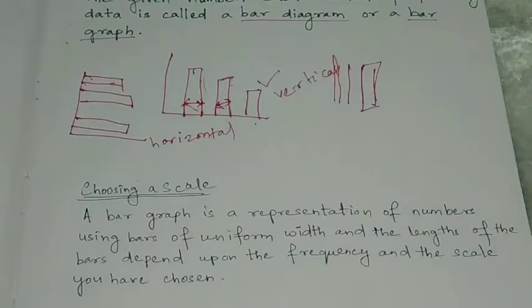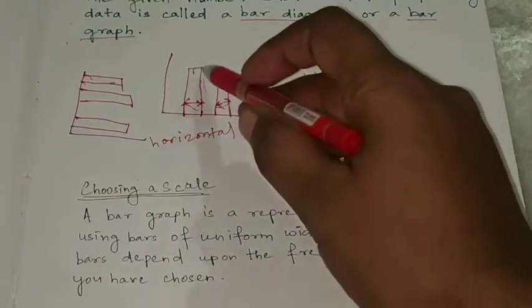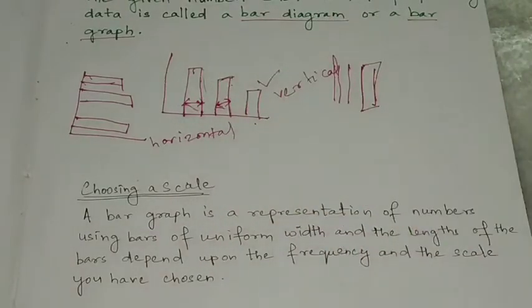Uniform means they should be equal. The length of bars depends upon the frequency and the scale you have chosen. Whatever scale we choose will represent the frequency.